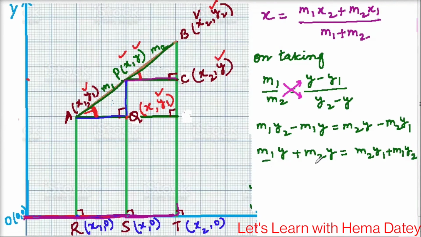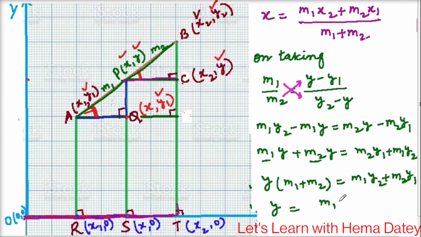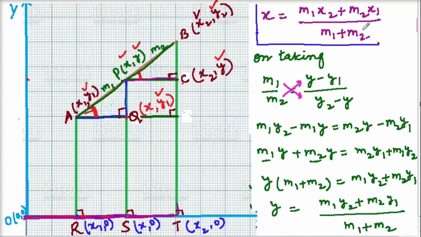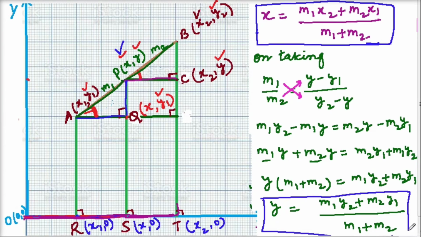From left hand side we'll take y common and we'll be left with y times m1 plus m2 equals to m1y2 plus m2y1 and y equals to m1y2 plus m2y1 upon m1 plus m2. This is the y coordinate of point P. This is the x coordinate of point P and this is the y coordinate for point P.